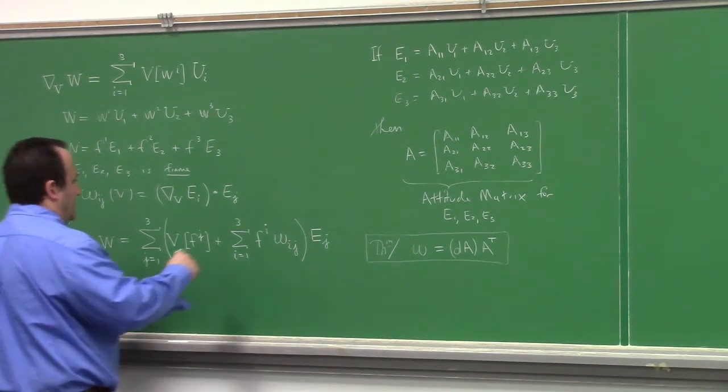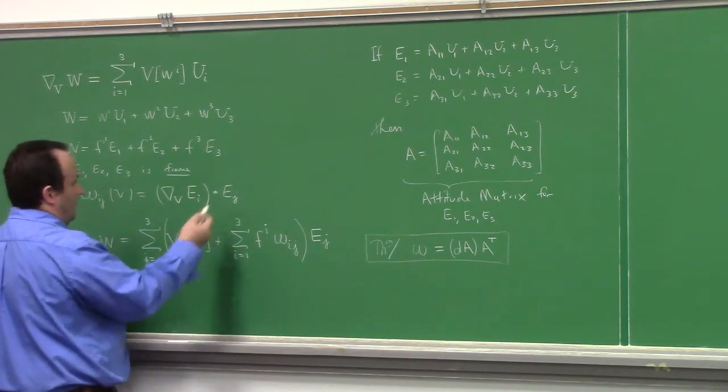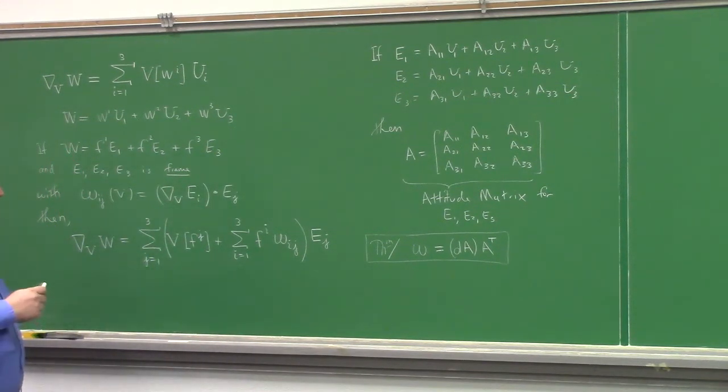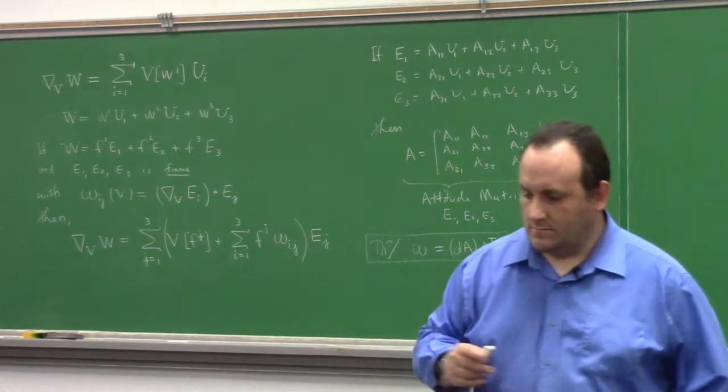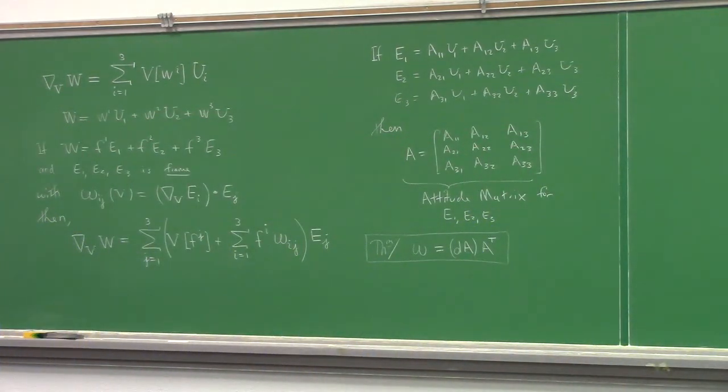So that second part, this one here. We got V of A times A transpose, which is equal to V of A, A transpose. That is the one.